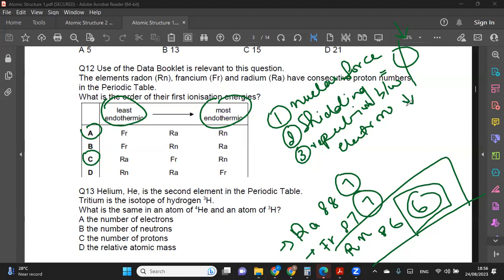Who has the lesser proton number, francium or radium? Francium has 87, radium has 88. So who will have less nuclear force? Francium.